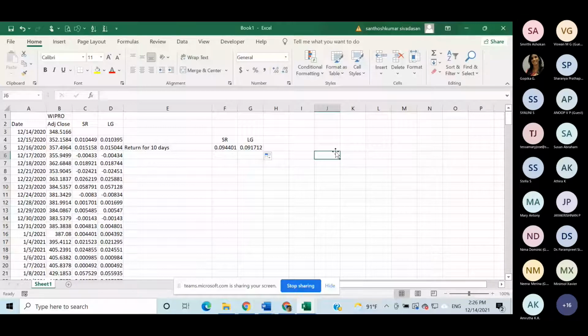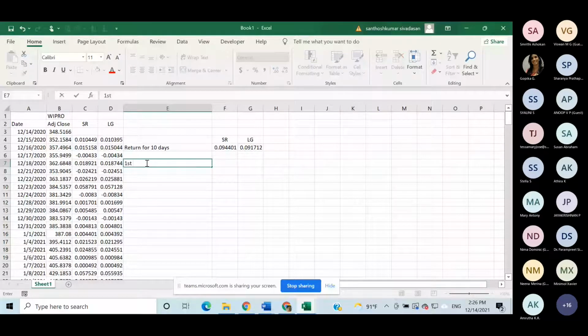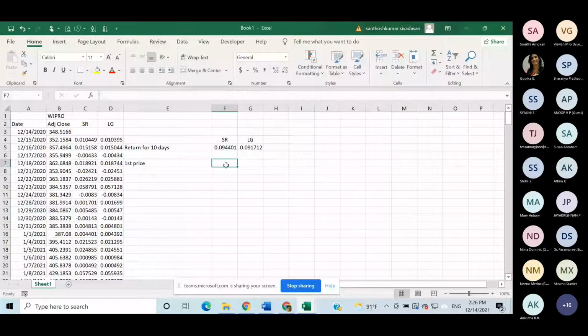Okay, so I am just giving first day price is equal to, this is the first day price, right?